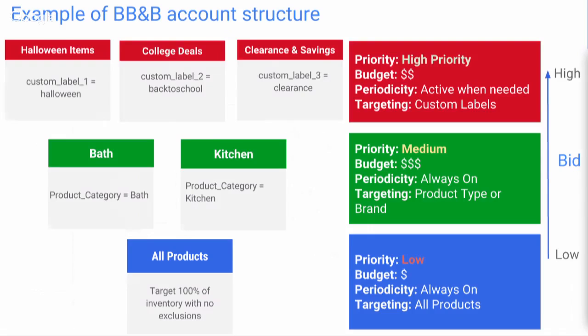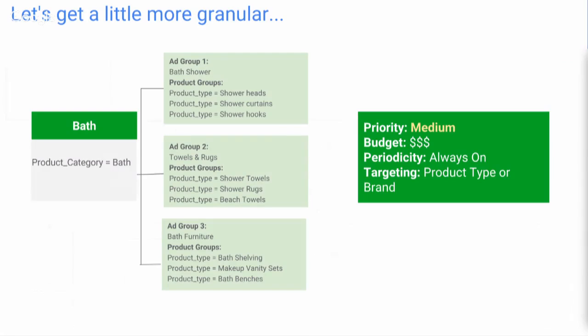Certainly. So taking a look at something a little bit more granular, the bath campaign, which is one of the top performing products for Bed Bath & Beyond, you can separate this campaign into 3 different ad groups. And these ad groups are going to have certain bath products that also have been performing well.